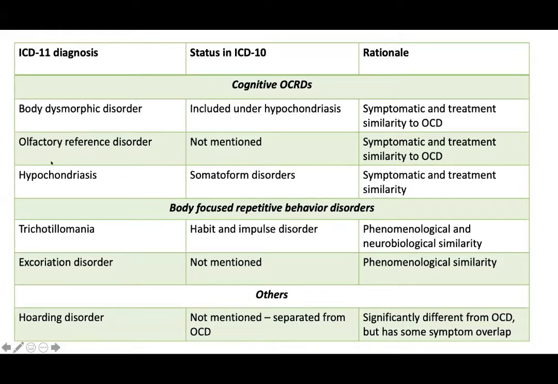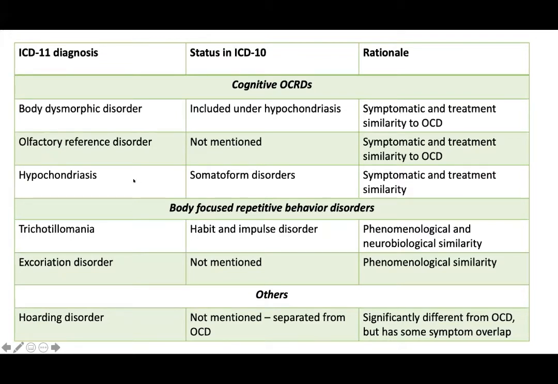Whereas in olfactory reference syndrome, the person is preoccupied regarding some foul odor emanating from his body. So the symptoms are quite similar, and the repetitive thoughts and repetitive behaviors, that extreme preoccupation and repeated mirror checking or getting reassurance from others, avoidance, these things are quite similar to OCD. So they felt that these should be included under OCRDs.